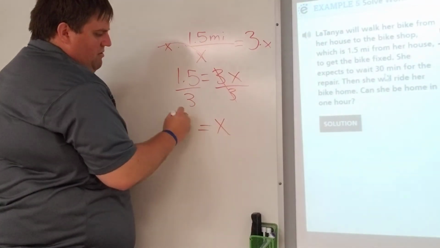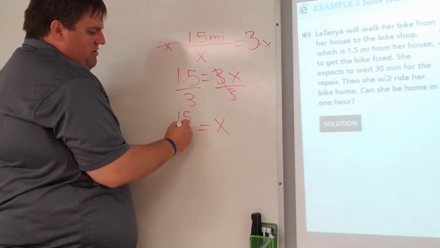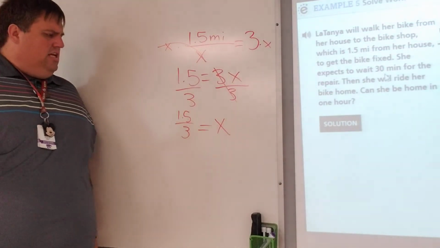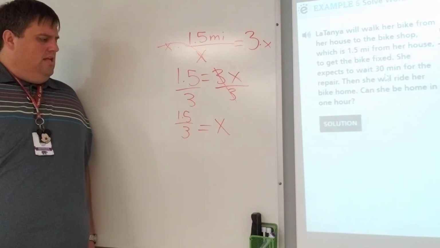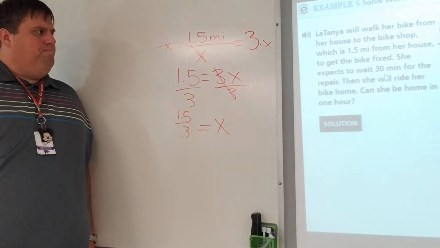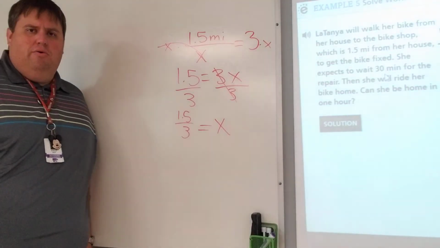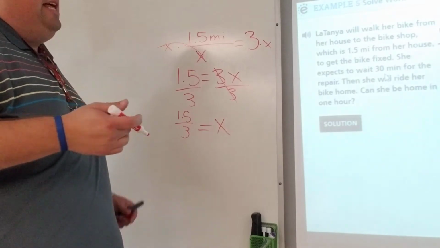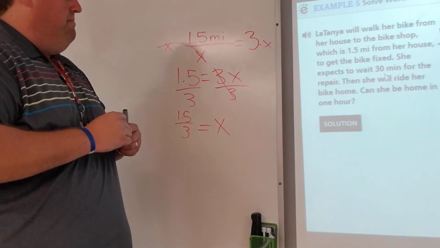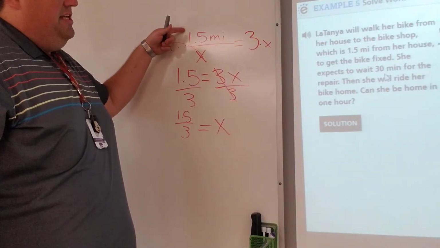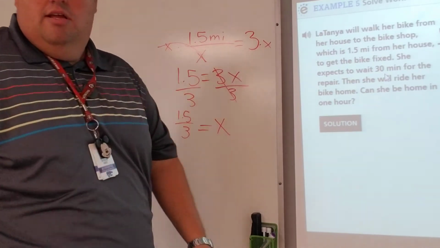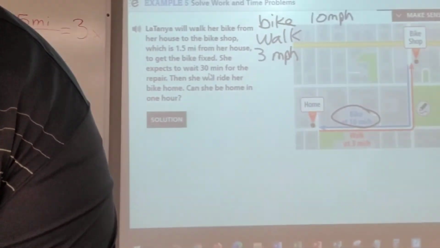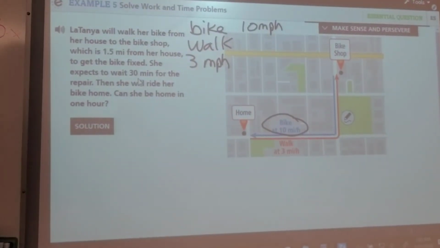And so x would be 1.5 divided by 3, whatever that turns out to be, which I think is a half, right? So basically, if you want to find out time, distance divided by rate is going to equal time, okay? So I'm going to come back over here and we'll jump right into that, okay?